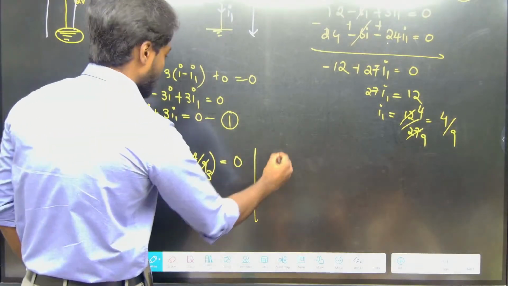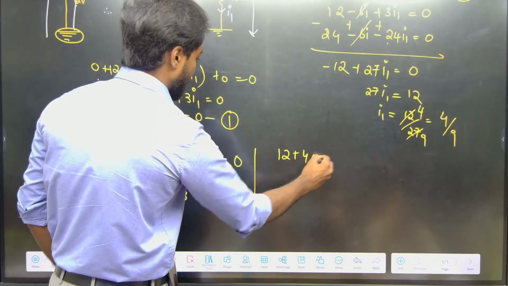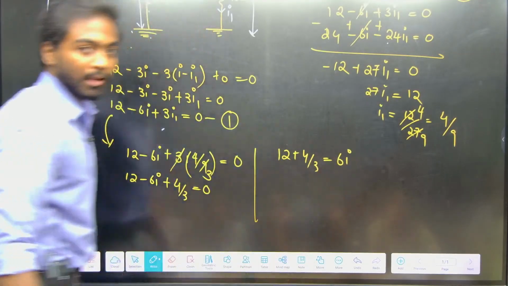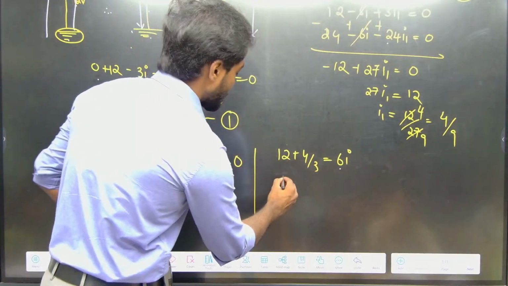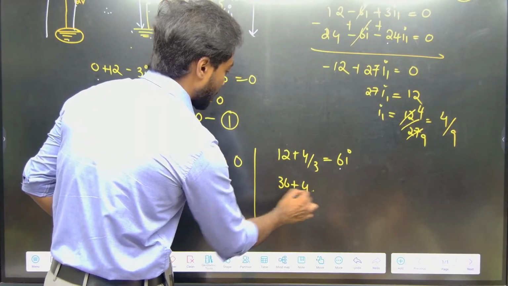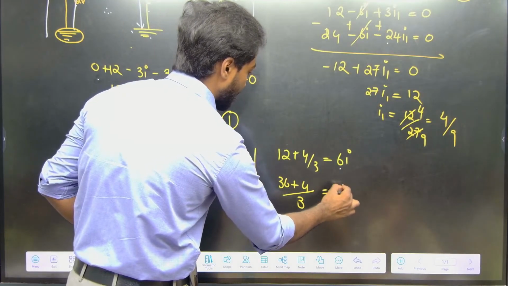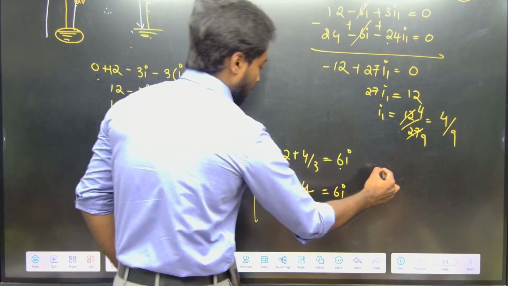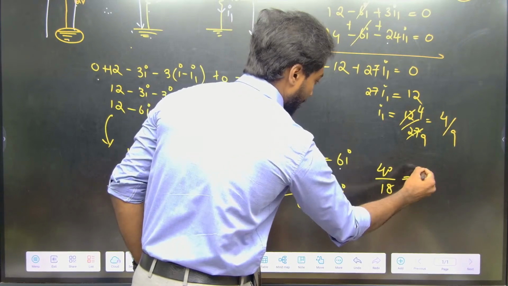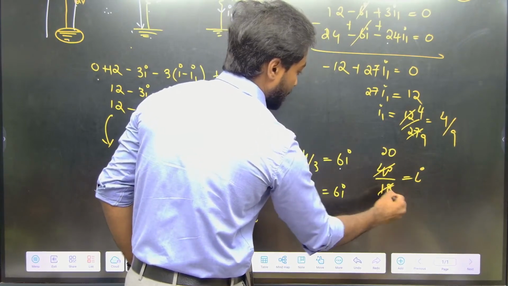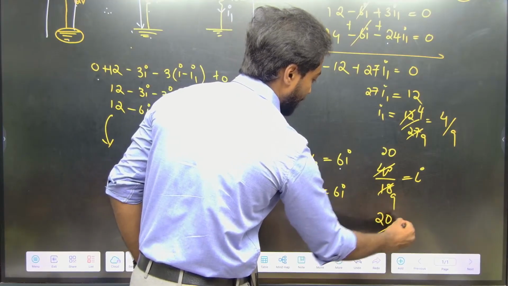I have taken the minus 6i to the other side. So this is 36 plus 4 divided by 3, which is equals to 6i. So 40 by 18 equals to I. So this is 20 by 9 equals to I.